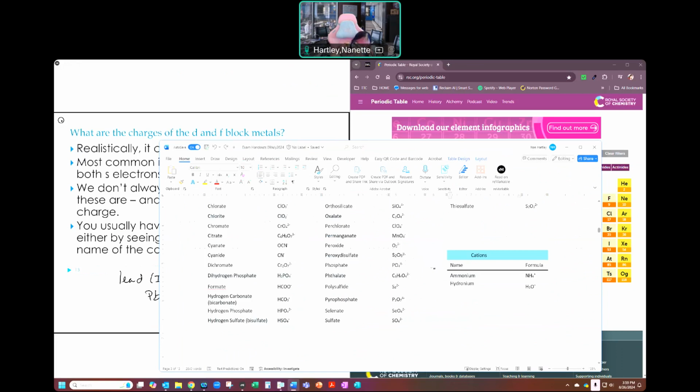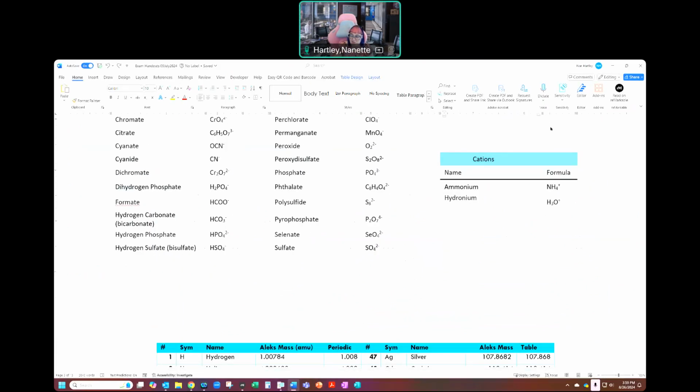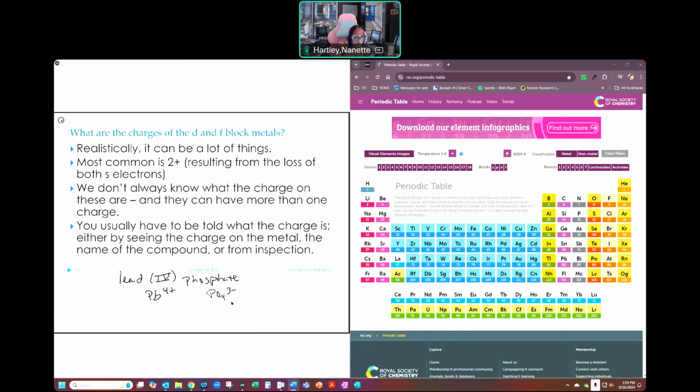So I've got my Pb 4 plus and PO4 3 minus, and then I need to put those two together. So I need 3 Pb and 4 PO4, and that should balance my charges.